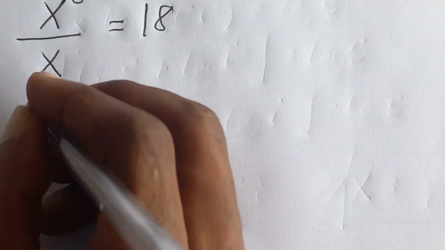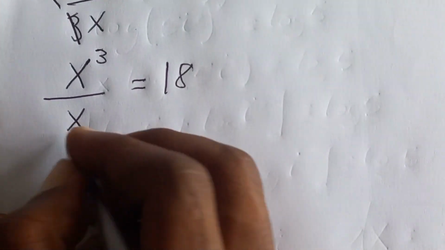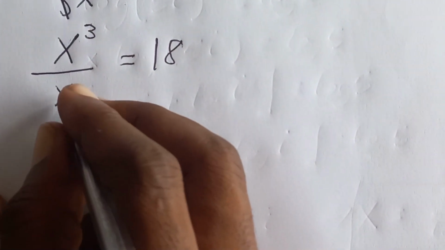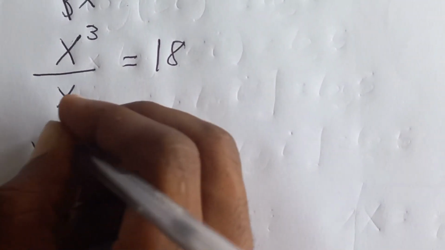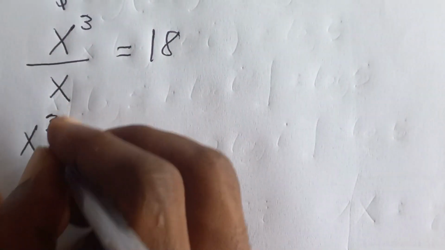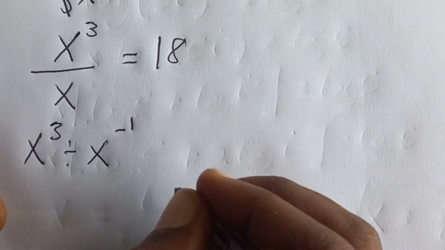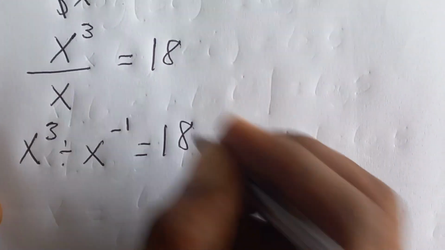So now with this, we have x. We can rewrite this as x exponent 3 divided by x exponent 1, which is equal to 18.